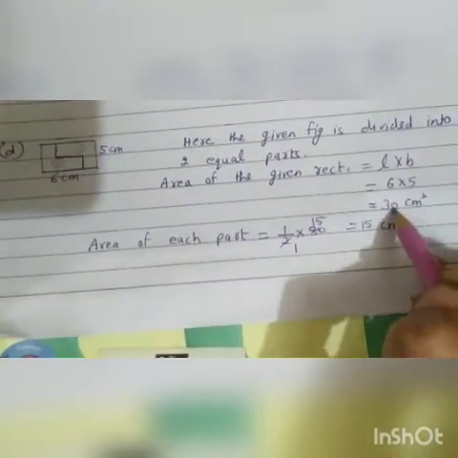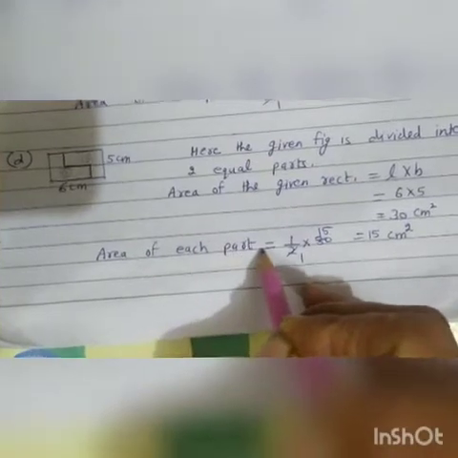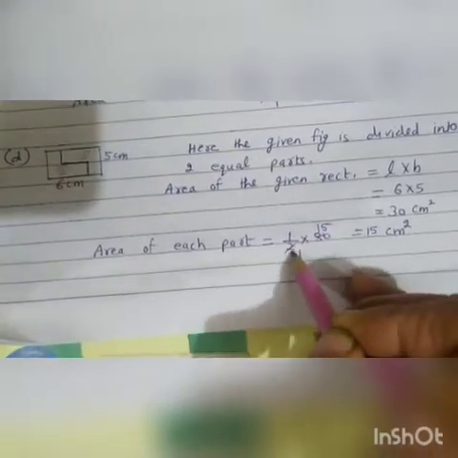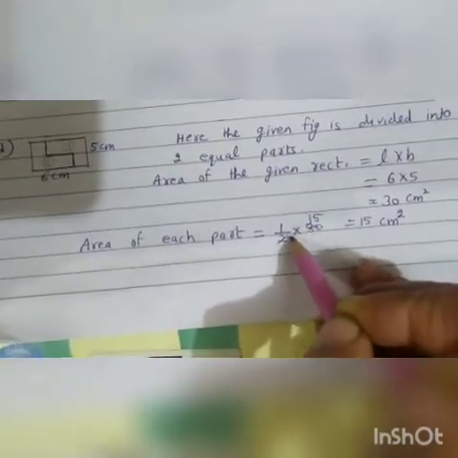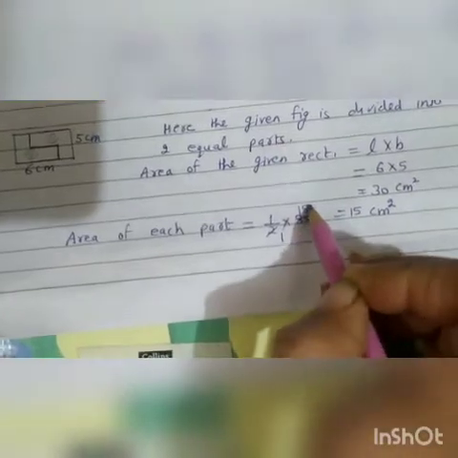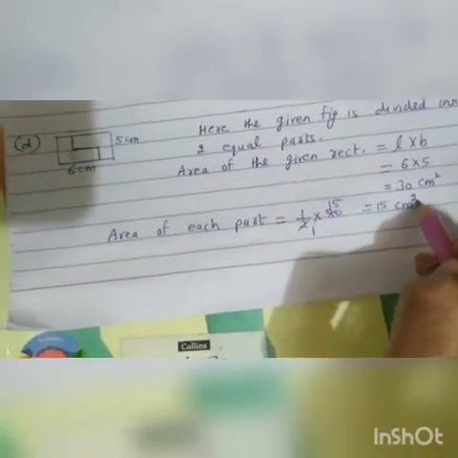So 6 fives are 30 square centimeter. Then the area of each part will be 1/2 of the area of the rectangle. So 1/2 multiply 30. 2 ones are 2, 2 ones are 2, 1 remainder 10, 2 fives are 10. It is 15 square centimeter.